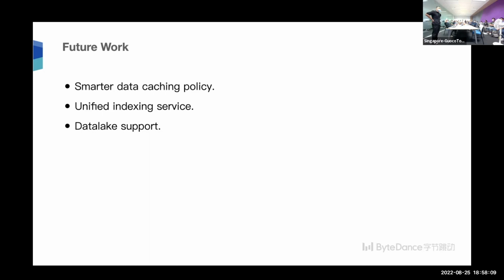Currently, our indexing is for each part. We don't have table-level indexing, and also the indexing itself is for each worker, but we don't have a unified indexing service for the whole system. So this is another part we plan to explore.